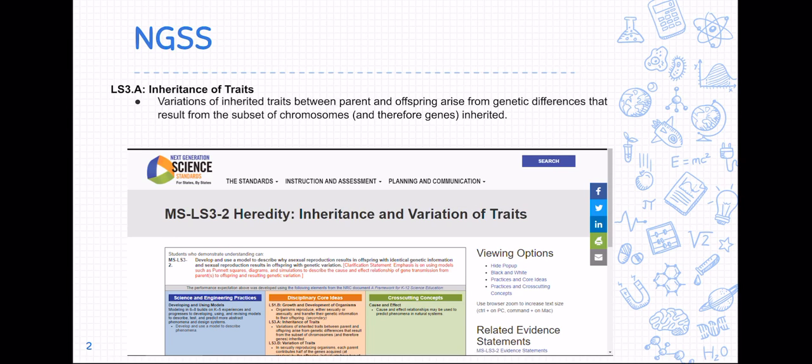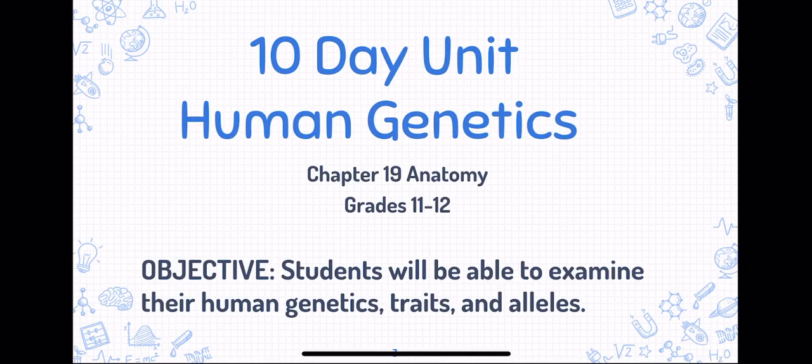So for this example, I would be focusing on the Next Generation Science Standard, which would be inheritance of traits. That's just studying the variations of inherited traits between parent and offspring, and how we get our inherited traits. I wanted to show a brief explanation of how I would implement a 10-day unit based on human genetics.